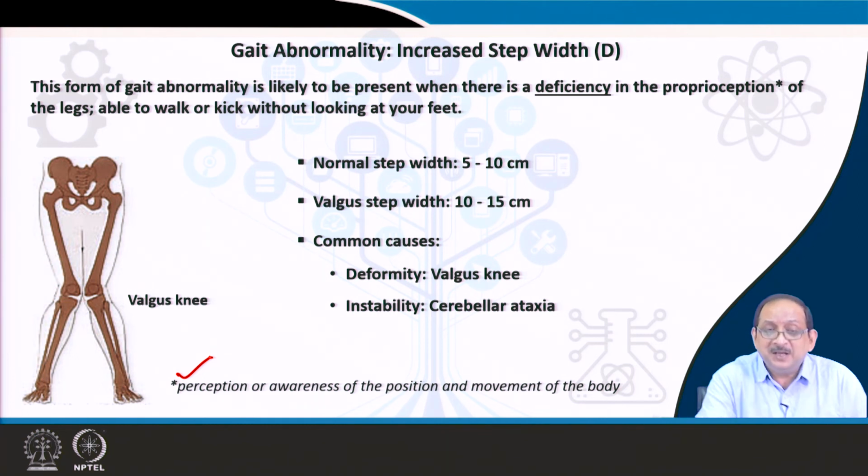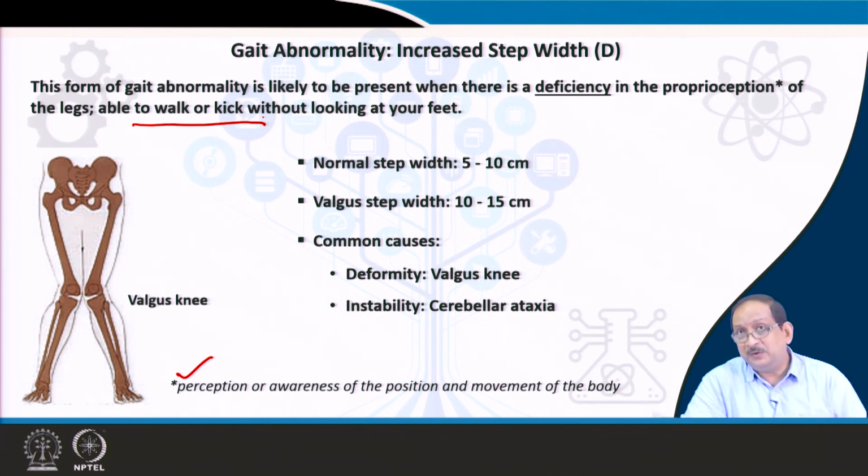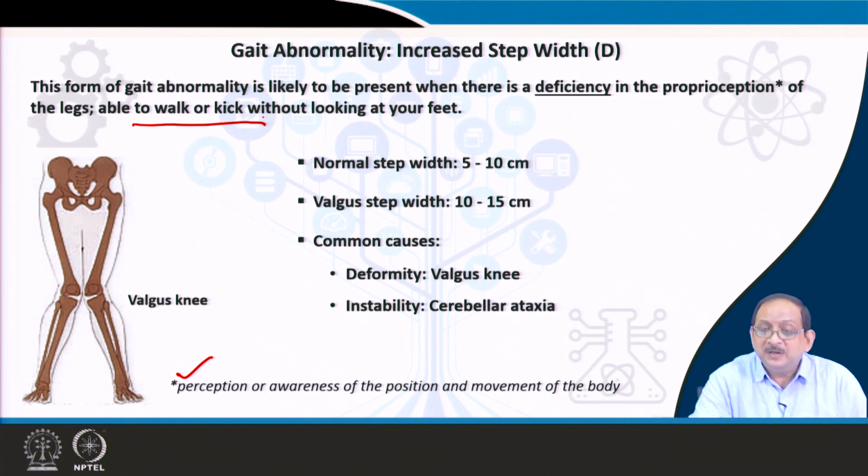It is basically the ability to walk or kick a ball without looking at your feet. So, any deficiency in the proprioception of the legs would lead to this form of gait abnormality.